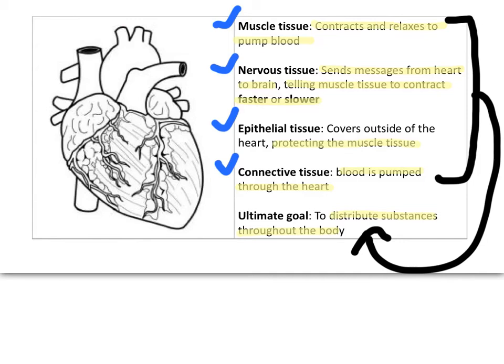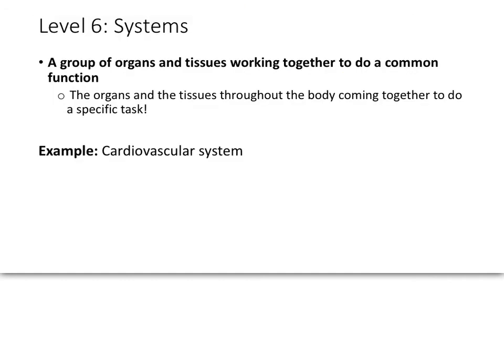Throughout the rest of the term, we're going to be learning a lot of different organs, and we're going to see through learning about different organs what they do. So now we are going to go to our next level of organization, which is called a system. A system is basically a group of organs and tissues working together to do a common function.